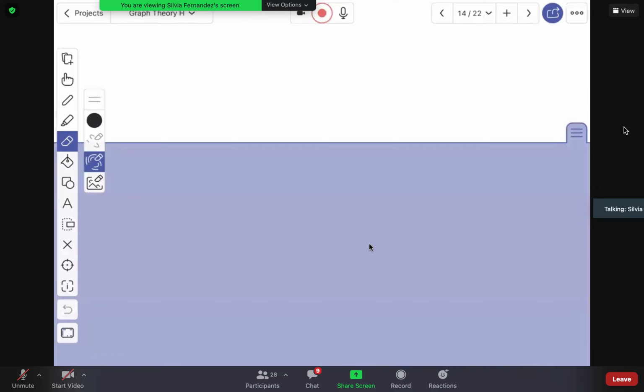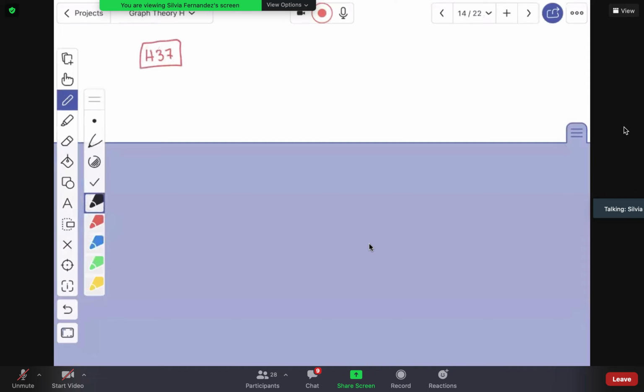It's H37. So this graph is non-planar by the trial and error method, starting with the Hamiltonian cycle. That's exactly it. So you start by finding a Hamiltonian cycle. So you have this graph. First thing you do here is find a Hamiltonian cycle.